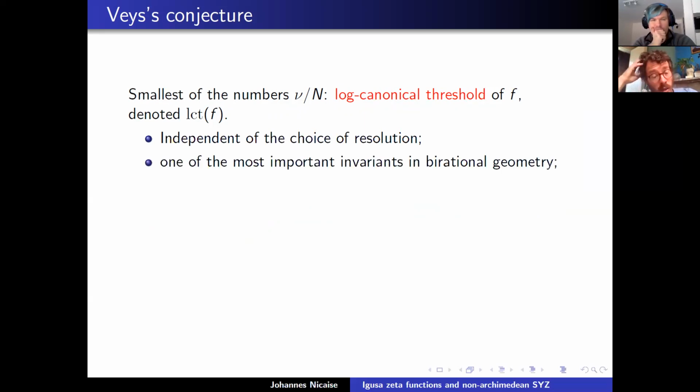It's a well-studied invariant because it's one of the most important invariants in birational geometry. This is the key invariant that is used to classify singularities of pairs. If you try to put pairs consisting of a variety and a divisor in classes according to the nature of the singularity, in the minimal model program, this distinction is made based on the log-canonical thresholds.